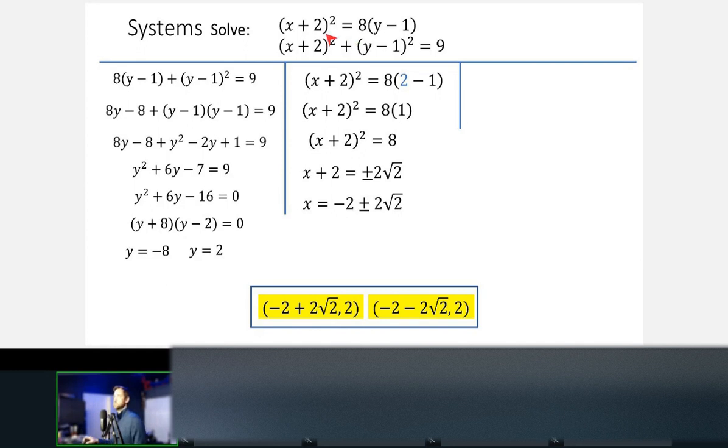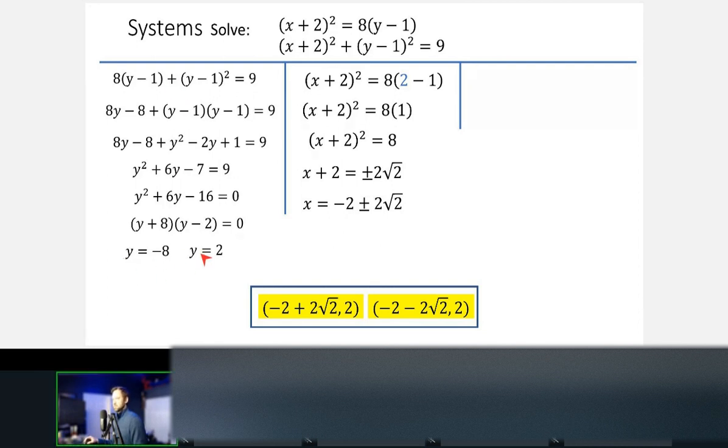If you notice, we have x plus 2 squared is equal to this, and in this equation we have x plus 2 squared. So all you have to do is replace this entire piece, x plus 2 squared, with what it equals. So this piece becomes 8 times y minus 1. Again, this piece became that, and then we just write everything else, and then we can solve for y.